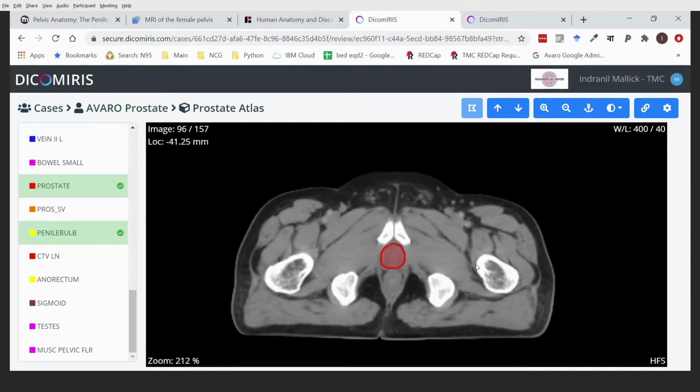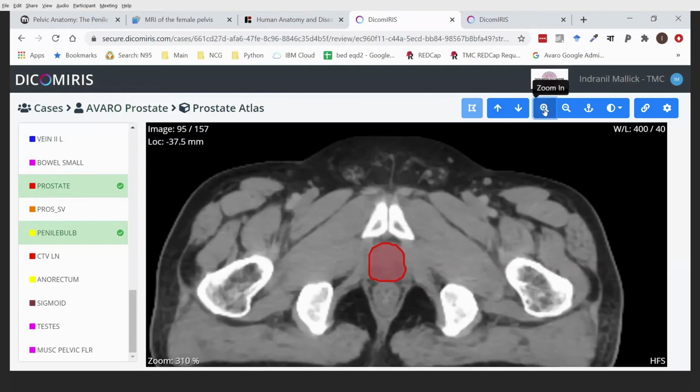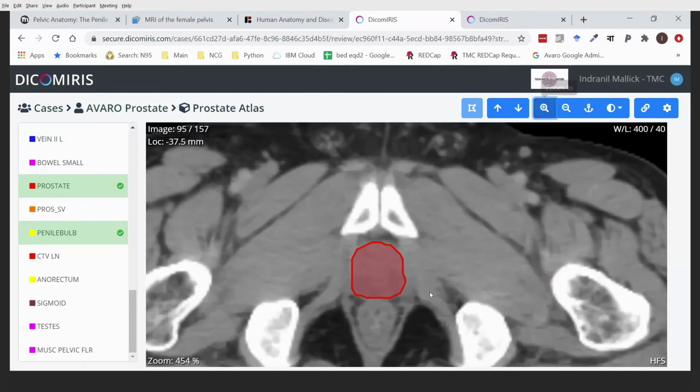We don't go into the levator ani muscles on the side. We don't go into the anterior fat, and posteriorly we are at the anterior wall of the rectum.